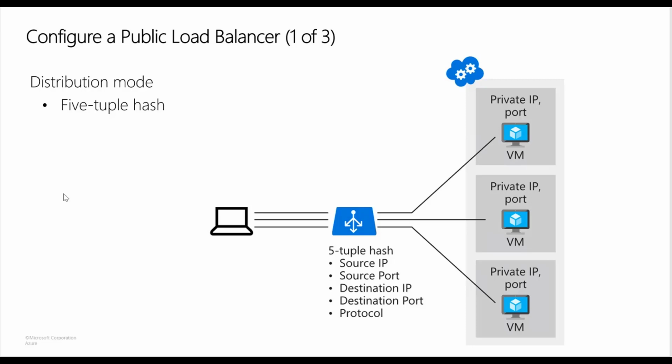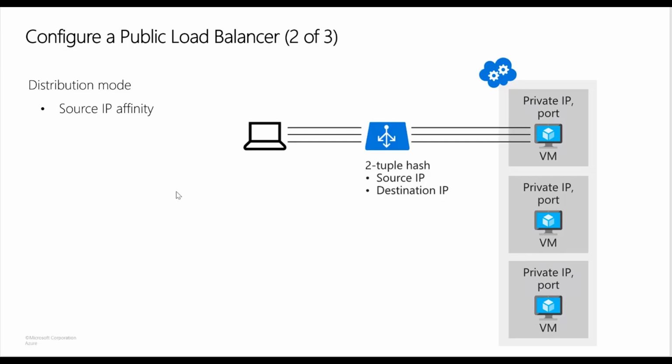Because the source port is included in the hash and the source port changes for each session, clients might be directed to different virtual machines for each session. So it doesn't have an affinity towards the source IP. That's why this is ideal if you want complete load balancing. Most of the time it will go like a round robin. But the next method will help you understand the relevance of this.